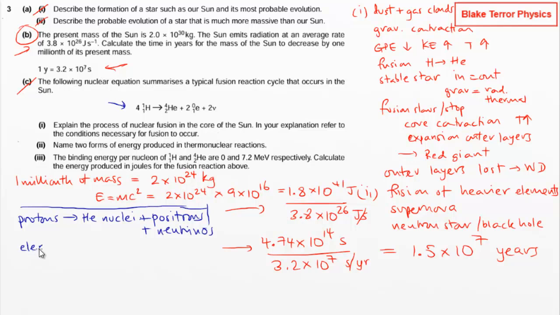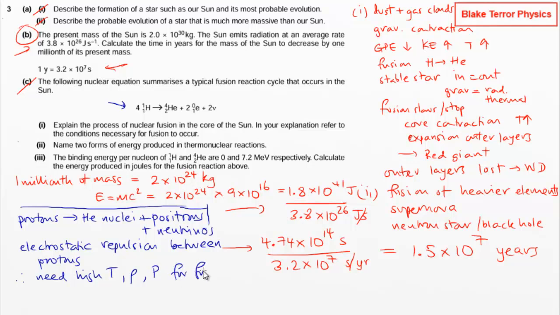So we've got electrostatic repulsion, so keywords there, electrostatic repulsion between the protons. So we need high temperature, high density, high pressure for fusion to occur.